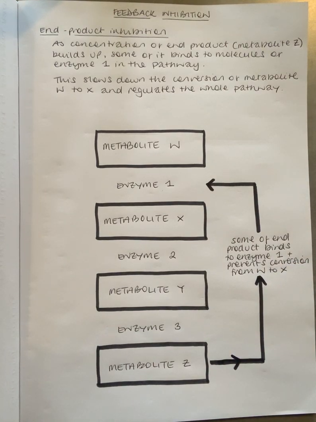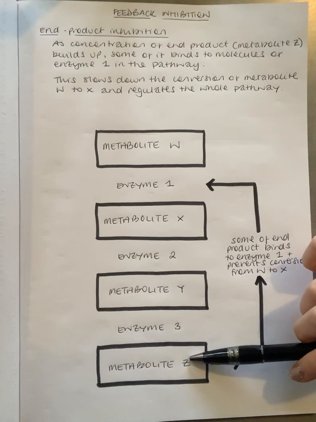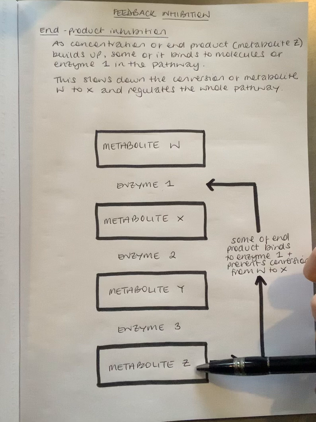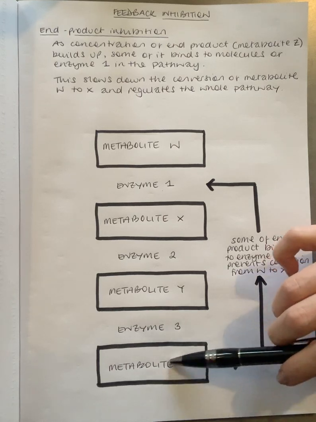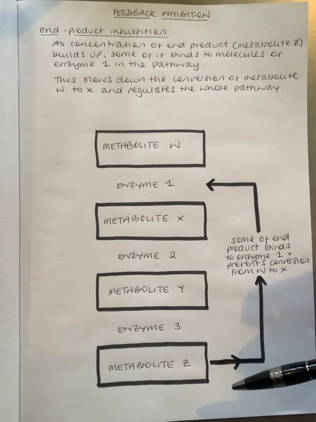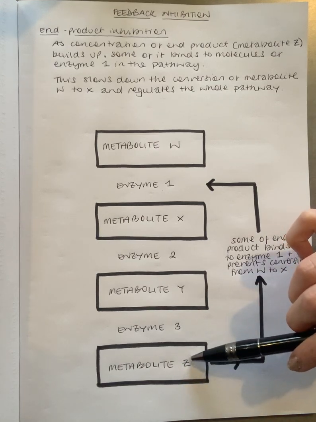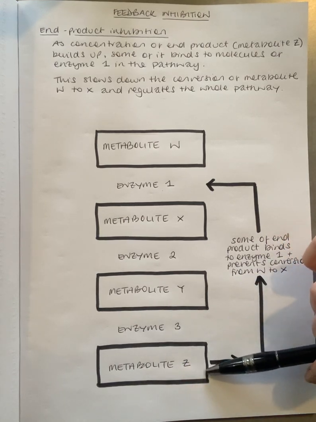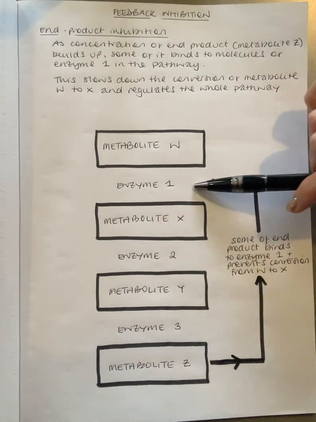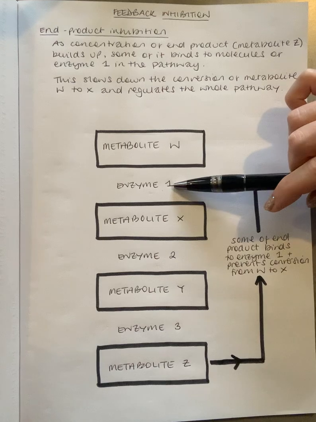But what happens is, if there is a build-up of metabolite Z, so the end product of this pathway, then what can happen is some of the molecules of metabolite Z can therefore go and bind on to the very first enzyme in the pathway, okay?